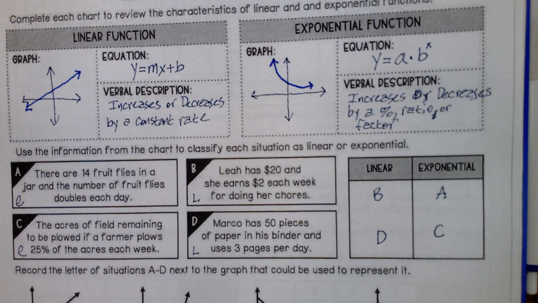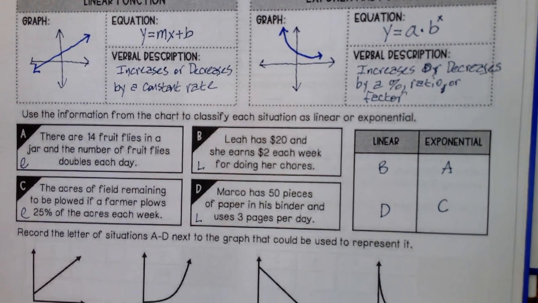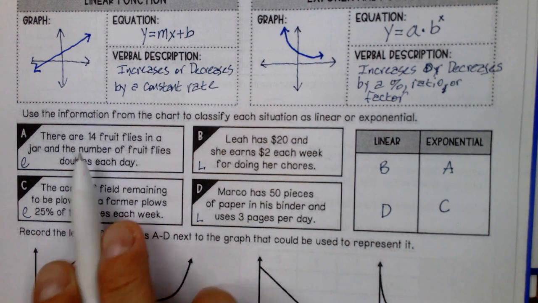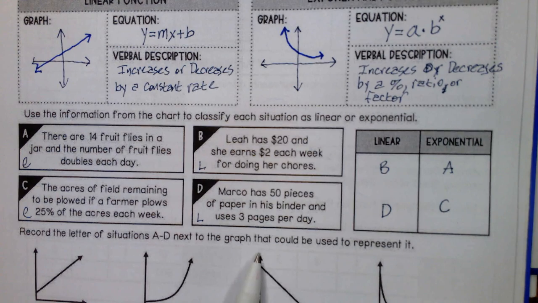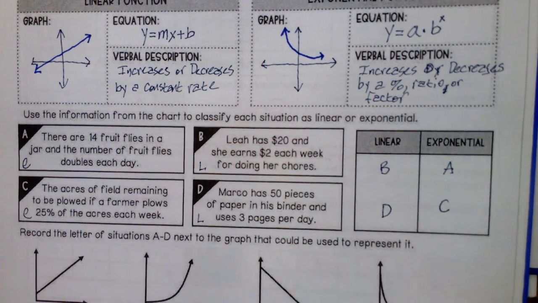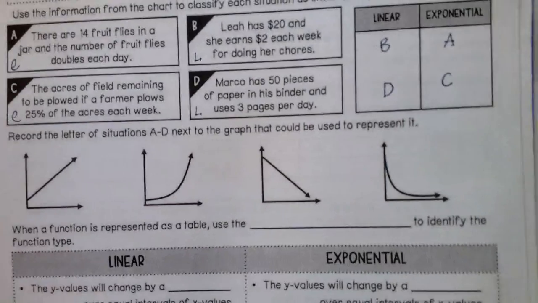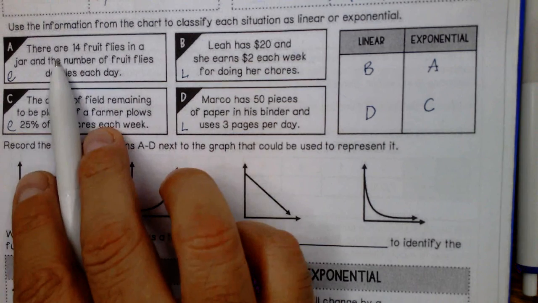All right. Record the letter of situations A through D next to the graph that could be used to represent it. So each of the situations is modeled by one of these graphs. So let's read the first one again.